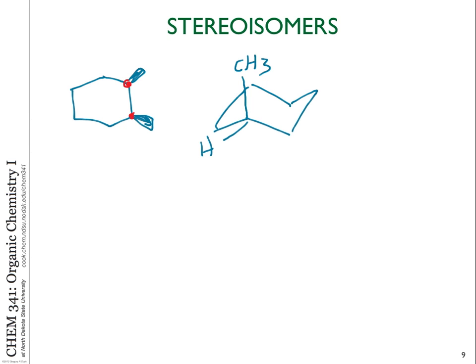The red carbons here are right here. Okay? That CH3 group is up, and the other CH3 group is also up, and there are two positions, axial and equatorial. Okay? If you look at the chair structure, is there a plane of symmetry?